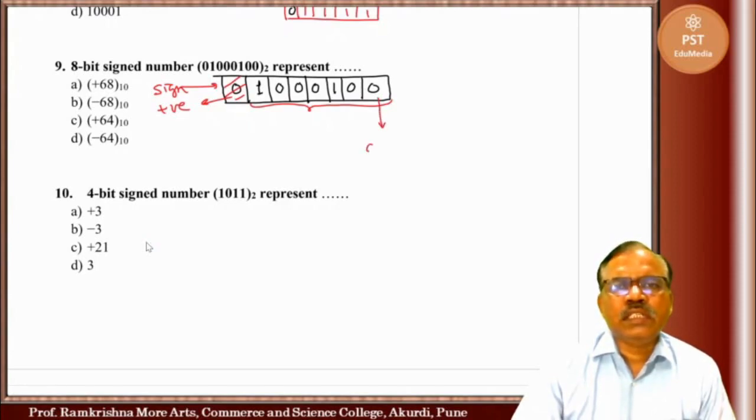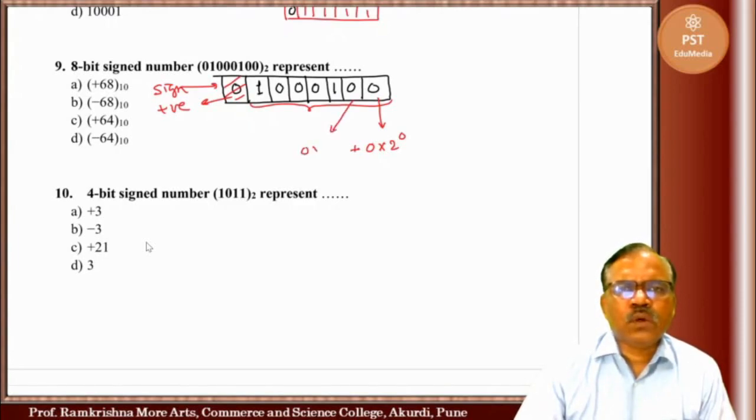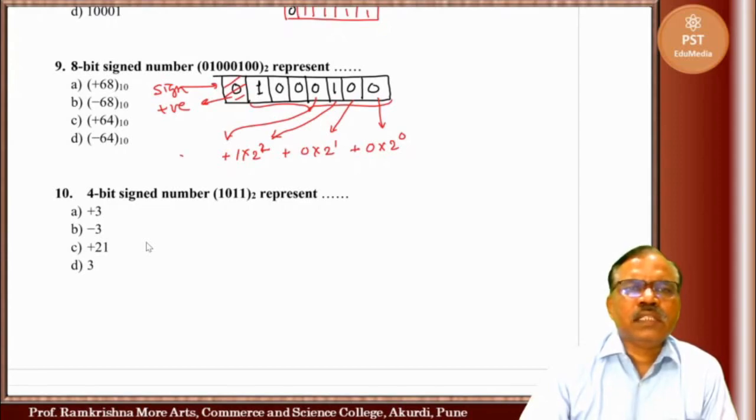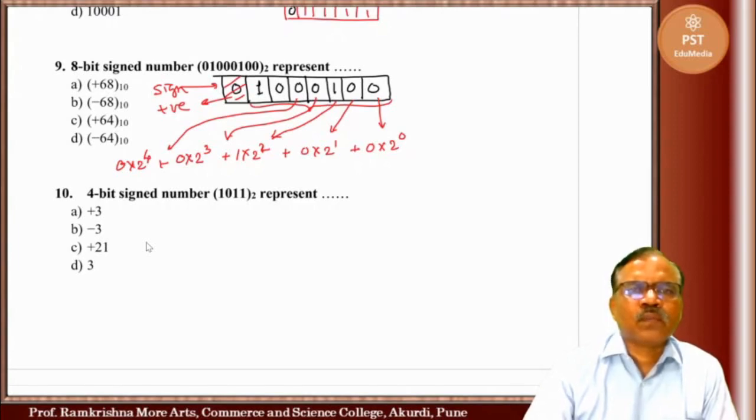So here 0 into 2 raised to 0 plus, then we will take this one, 0 into 2 raised to 1 plus, then we will take this one, 1 into 2 raised to 2 for this, then plus 0 into 2 raised to 3 for this. Now for this plus 0 into 2 raised to 4.